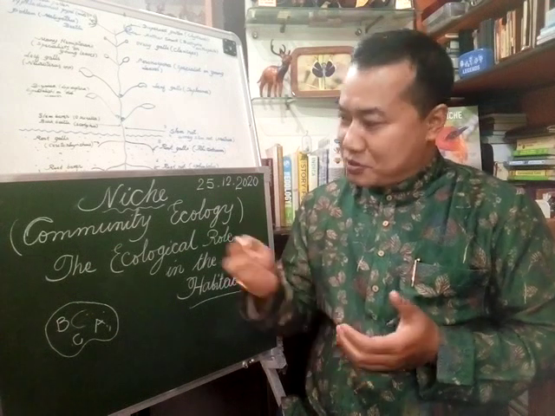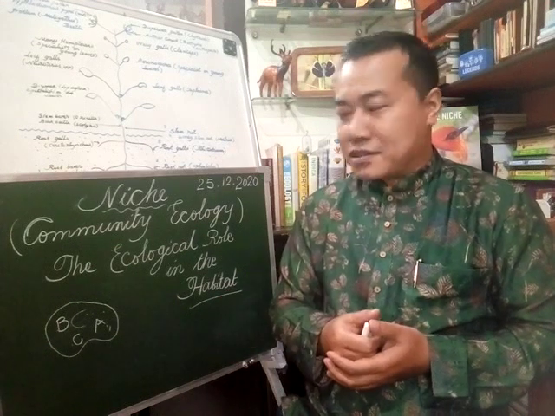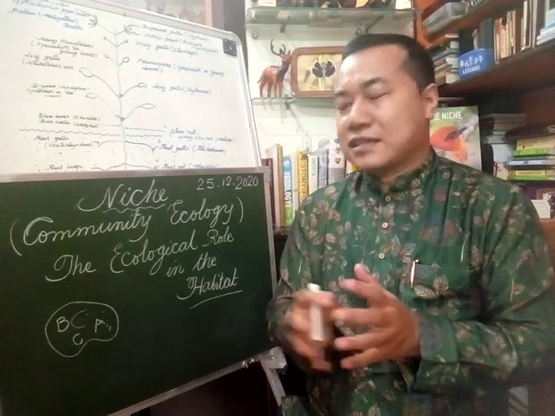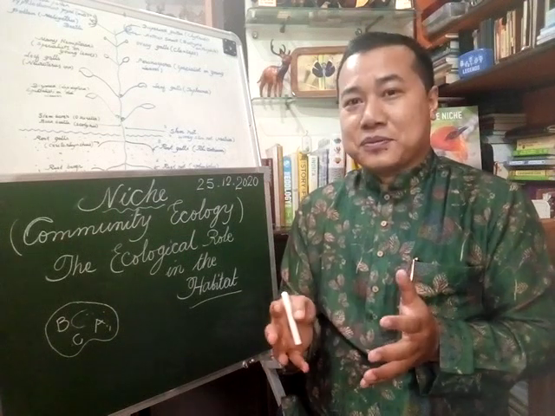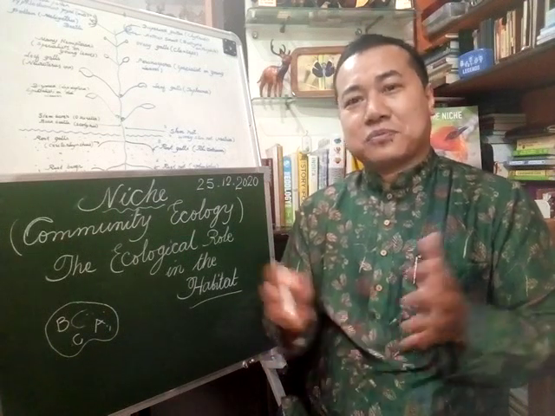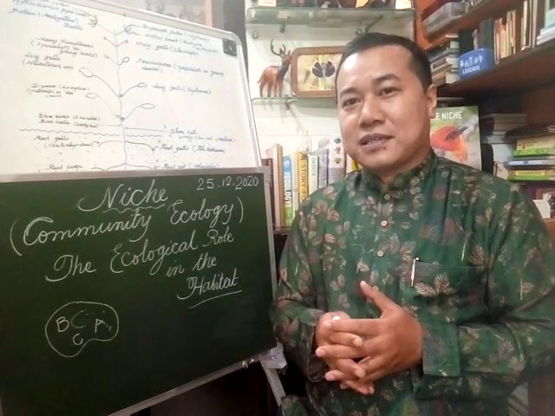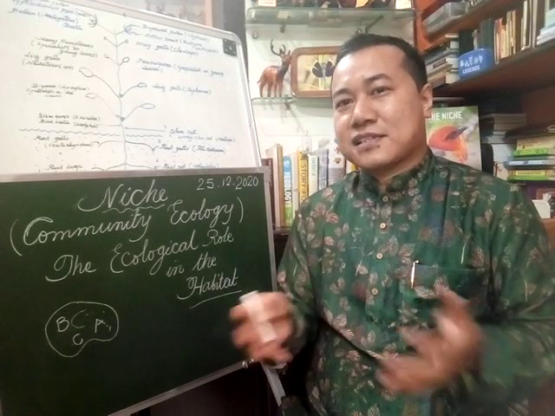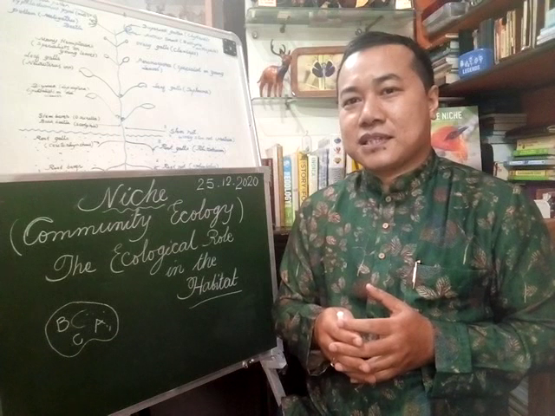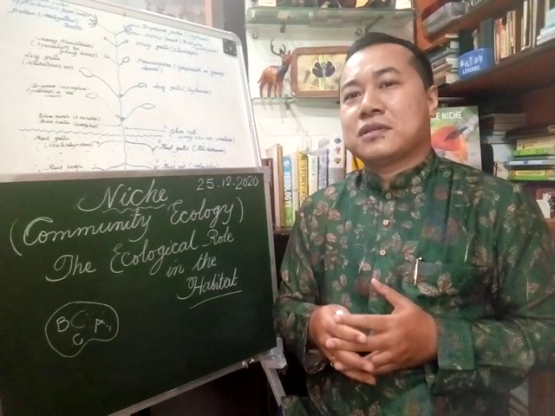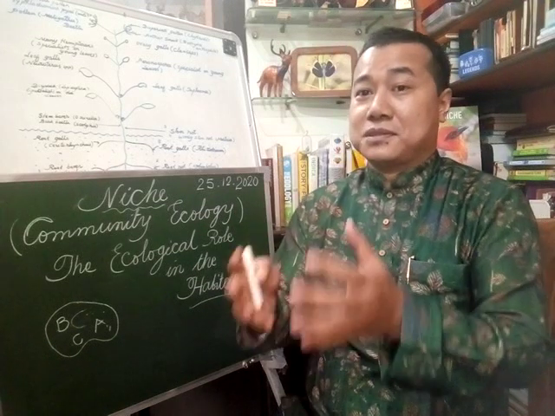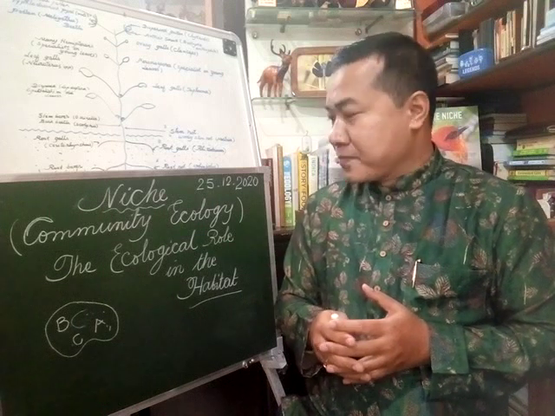We'll be talking about this particular concept further, but I just want to make it clear that we are entering into the relationship between what we call a natural dwelling place, or a place where an organism is naturally found, called a habitat, and the ecological role that an organism plays in that particular habitat, called a niche.